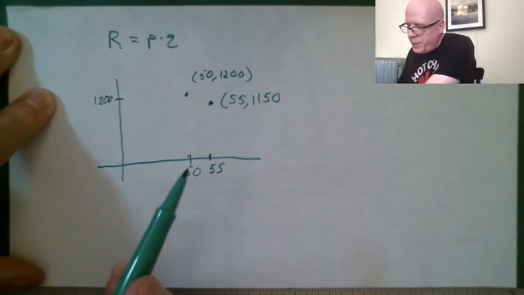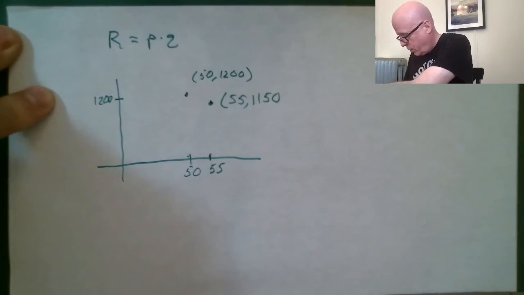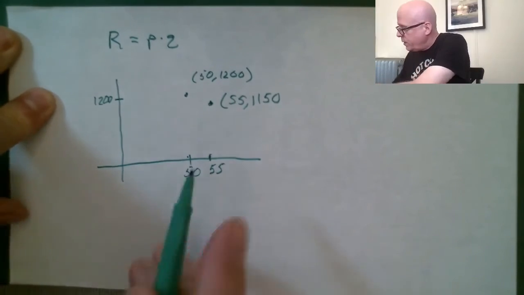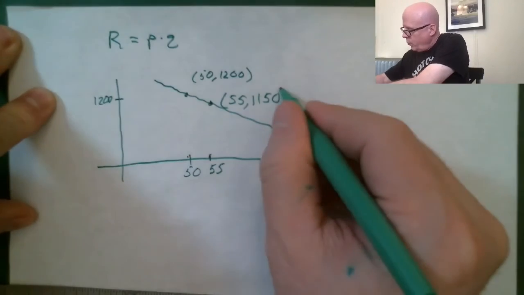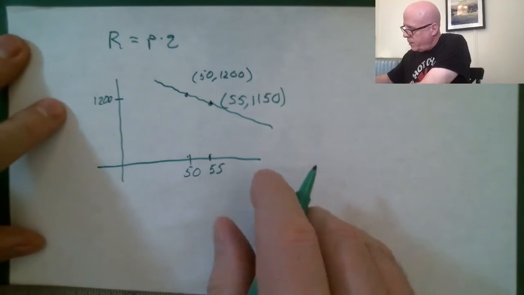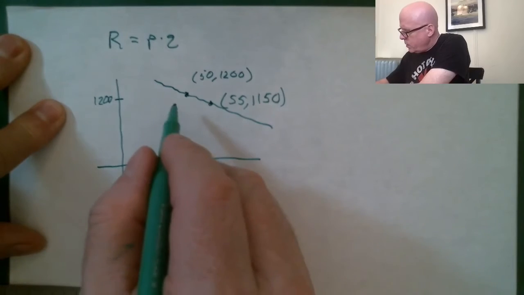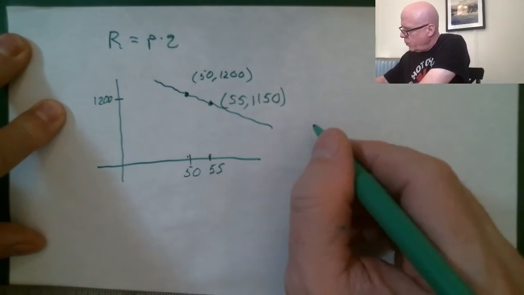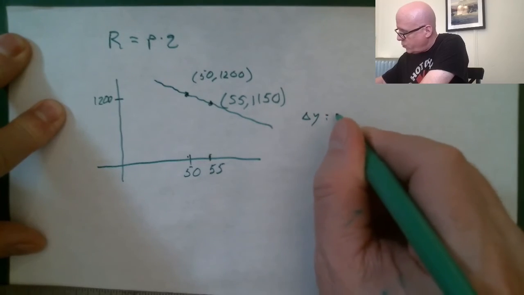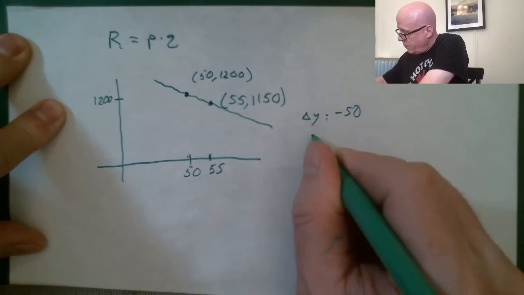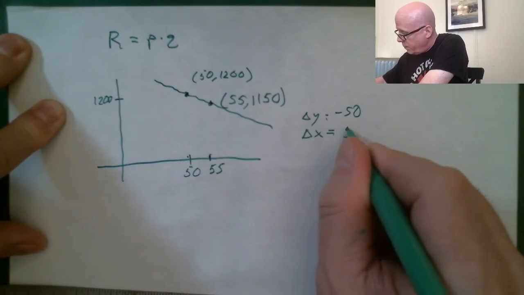And the presumption is that that relationship is going to remain linear. That is, you will see a straight line that goes through those points. So we can calculate that. 50, 1,200 is a point on the line. What's the slope of this line going to be? Well, the change in y was we dropped by 50, for a change in x, that was we increased the price by 5.